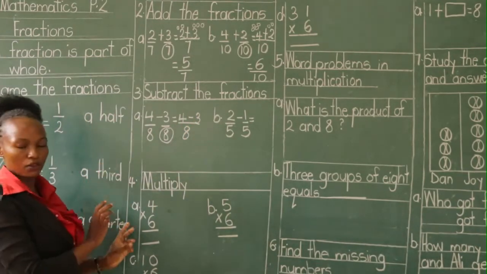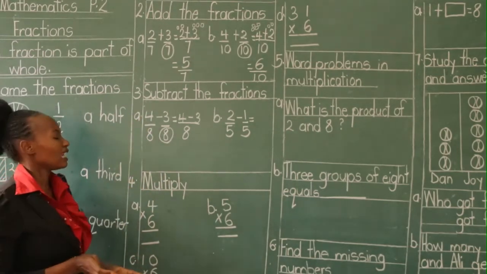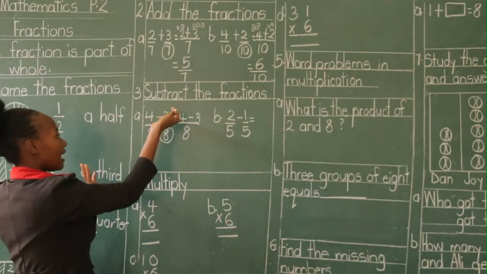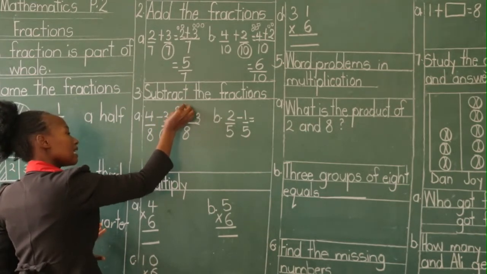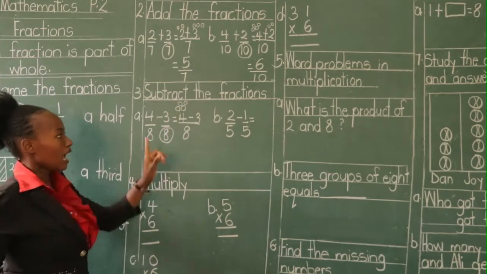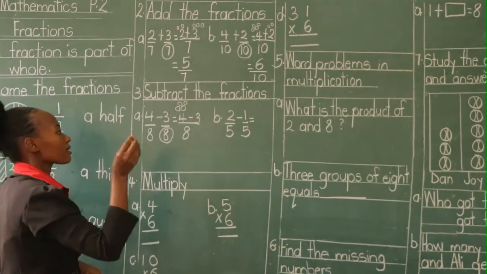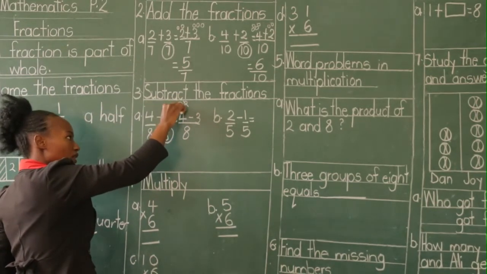If I have my 4 out of 8, I take away 3 out of 8. Then which answer am I going to remain with? Let's see here. Then I have my 4. Let me draw my 4 balls. 1, 2, 3, 4. Out of 4, we have to take away 3. Let's cross out 3. 1, 2, 3.